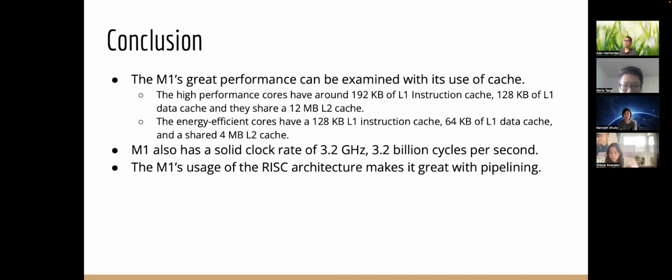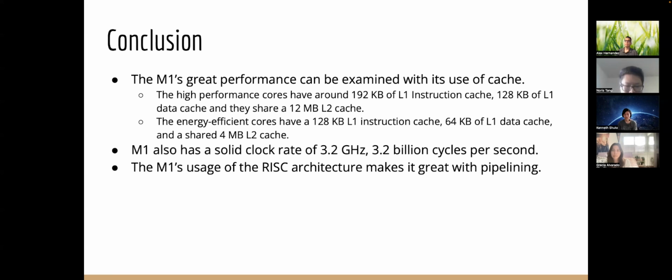The high performance cores have around 192 kilobytes of L1 instruction cache, 128 kilobytes of L1 data cache, and they share a 12 megabyte L2 cache. And the energy efficient cores have a 128 kilobyte L1 instruction cache, 64 kilobytes of L1 data cache, and a shared 4 megabyte L2 cache.